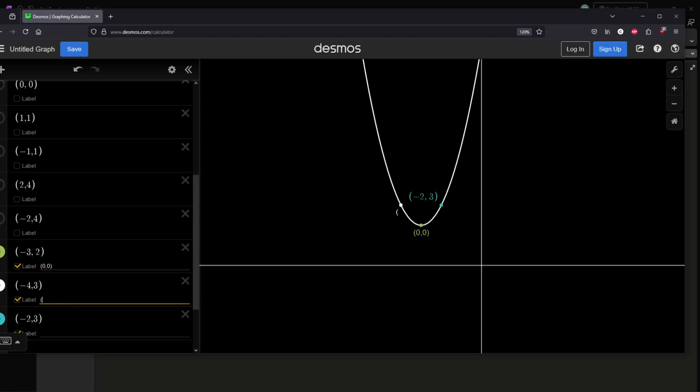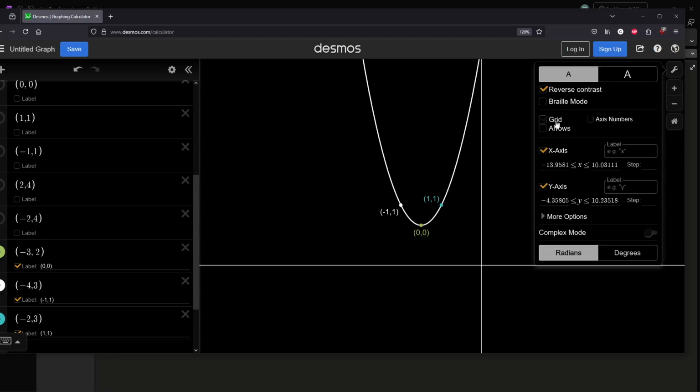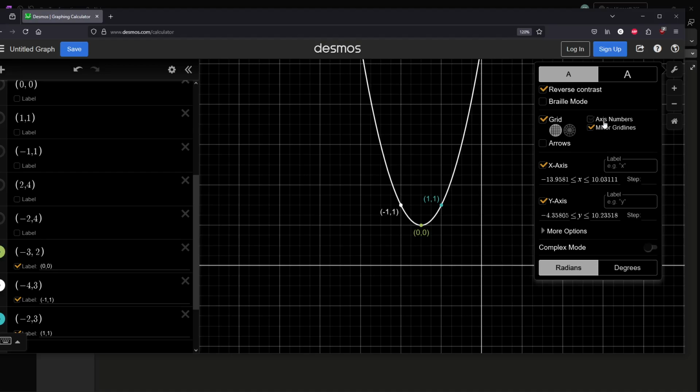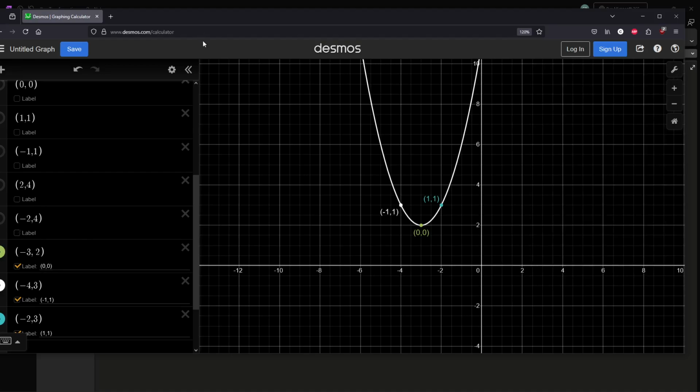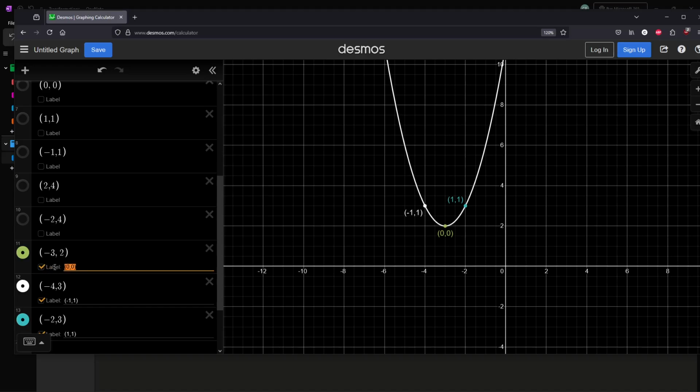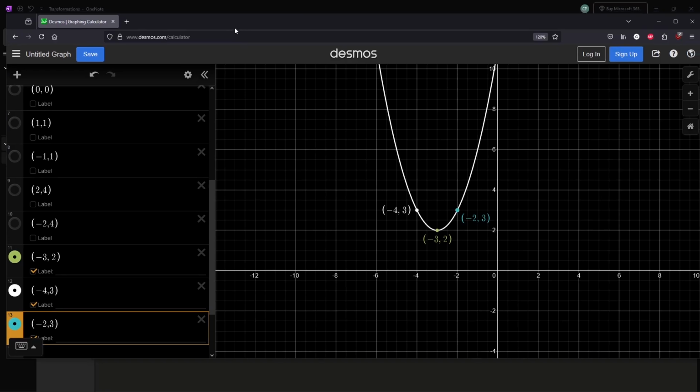So this will actually end up being like my negative 1, 1. This is actually my 1, 1. And imagine my x and y axis starts right here. It doesn't actually end up like that, but that's what I'm imagining when I draw this. And it is still these points, but that's what I am imagining. I just make my vertex and I plot it.